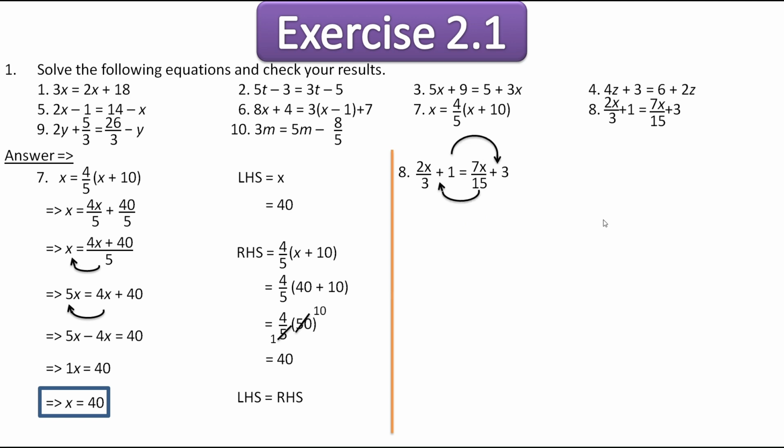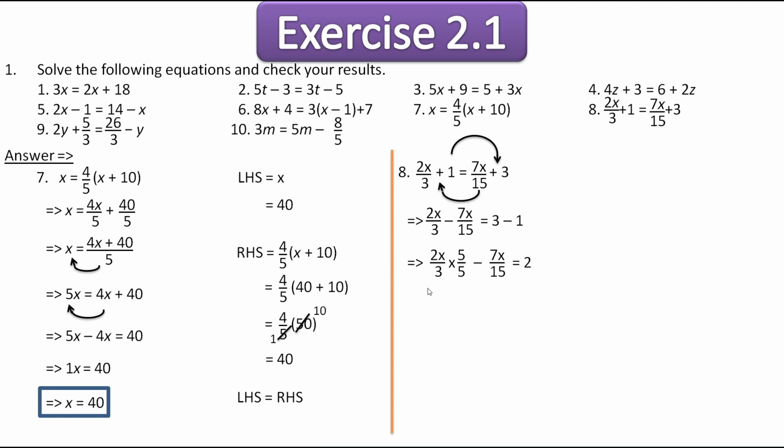So it will become 2x upon 3 minus 7x upon 15, which is equal to 3 minus 1. Okay. Now here we have to find the LCM. So the LCM of 3 and 15 is 15. So I'll multiply this term with 5 so that the denominator will become the same. Now here 3 minus 1 is 2.